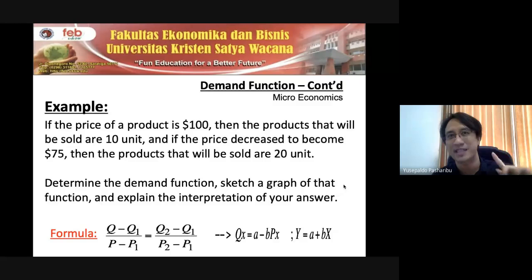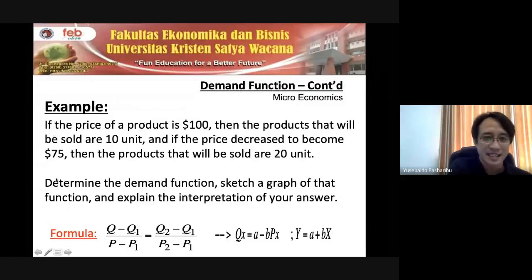The first method uses 2 points or 2 coordinates, and the other uses 1 point with 1 gradient. In this case, we can determine the price information and the quantity information as the first point and second point.